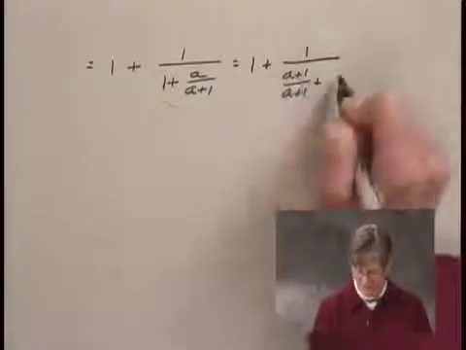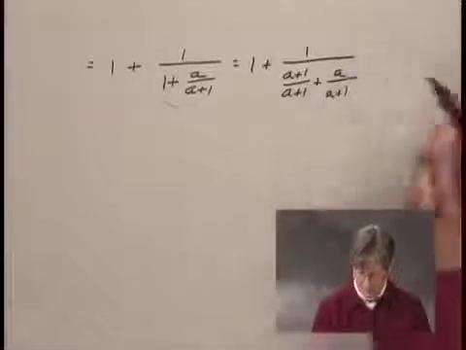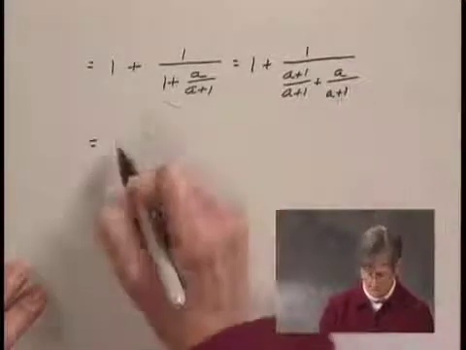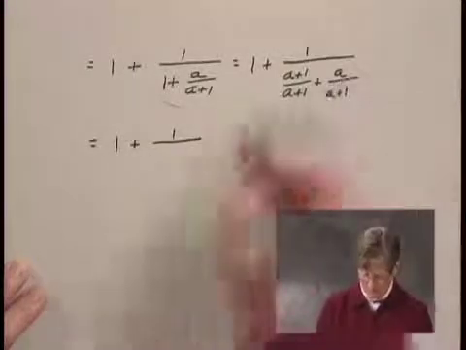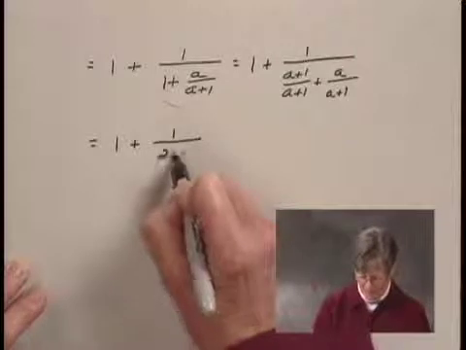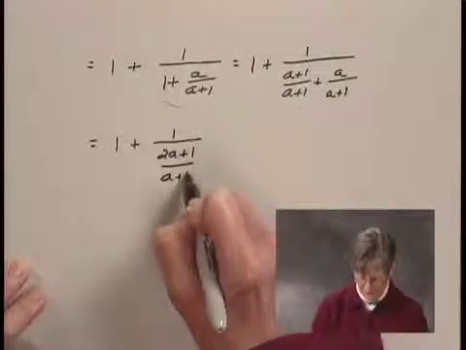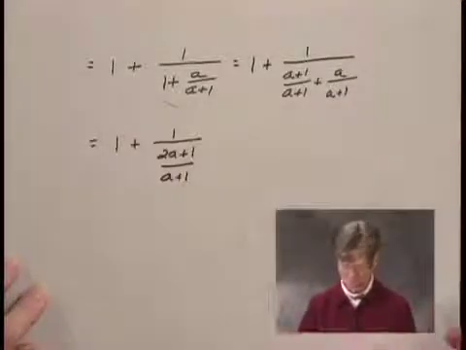And then I have the second term, a over a plus 1. And now let's just do this addition in this denominator. We have a plus 1 plus a, which is 2a plus 1, over the common denominator of a plus 1. I just added the numerators and rewrote the denominator.